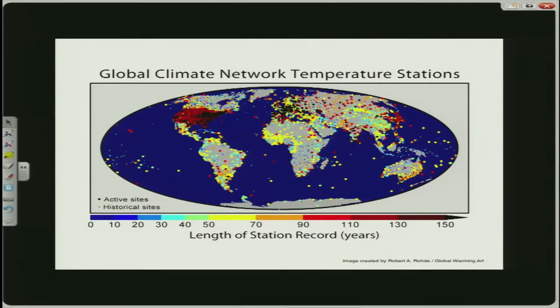What's important to note about this map is that obviously temperature recordings are not evenly distributed around the globe. There are many more in North America than there are in Africa, and the ones in North America have been around longer. But at the same time, there have been temperature recordings around for very long periods of time on all continents.